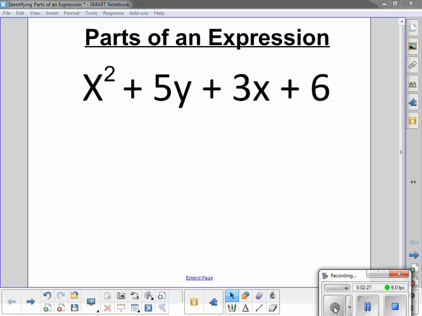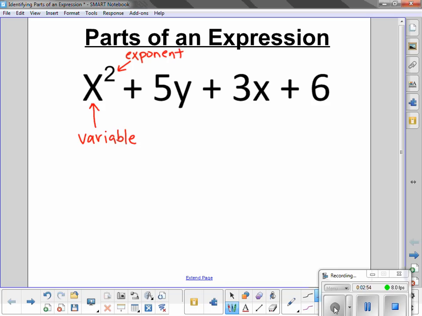Next, we're going to look at each term and describe what the different parts of the term are. For example, in this first variable term, x squared, the x is our variable. That is why we called it a variable term. The squared is called an exponent. And there's one more part to this variable term that we do not see but is extremely important to our understanding, and that is the coefficient.